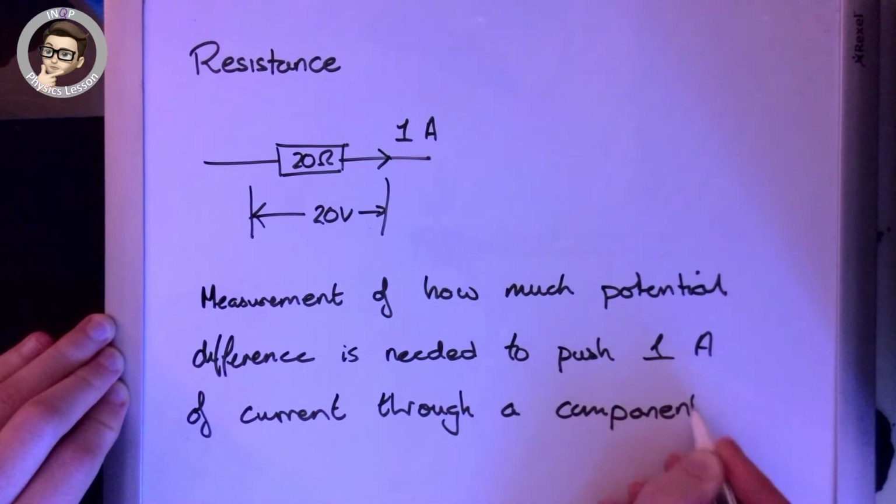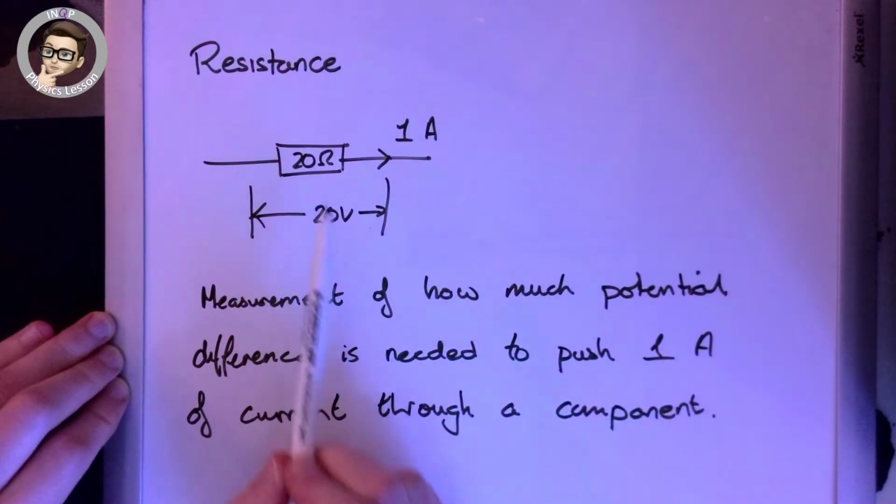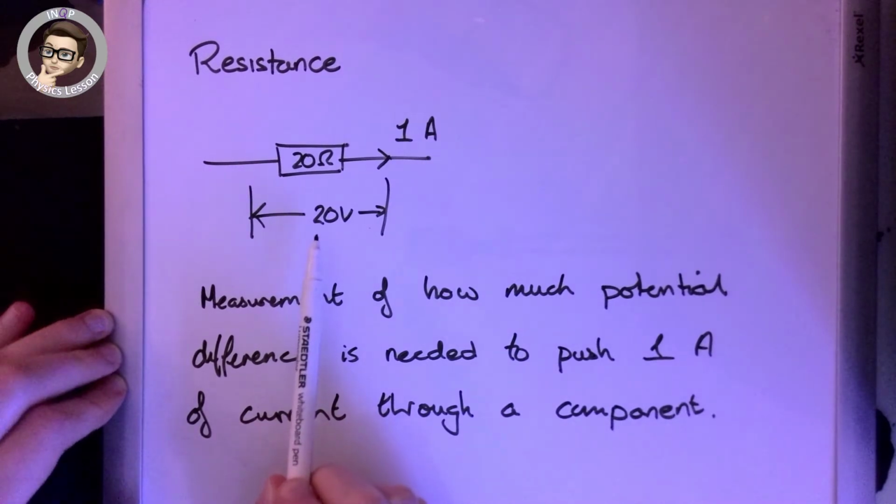So as you can see here, the bigger the resistance, the more potential difference you're going to need.